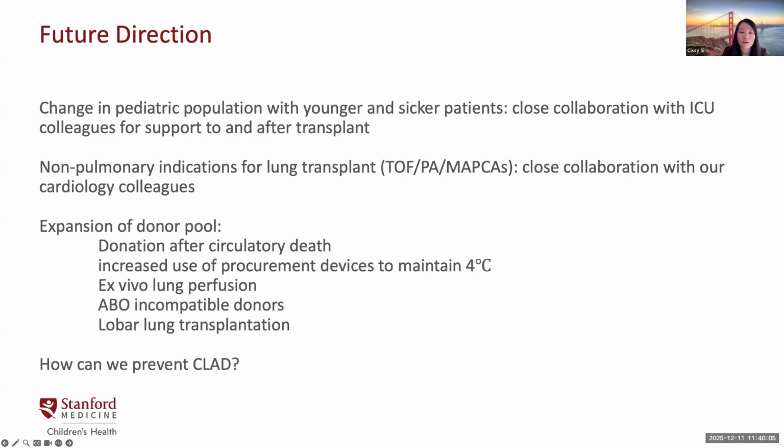So taking a piece of an adult lung and transplanting that into a pediatric recipient.